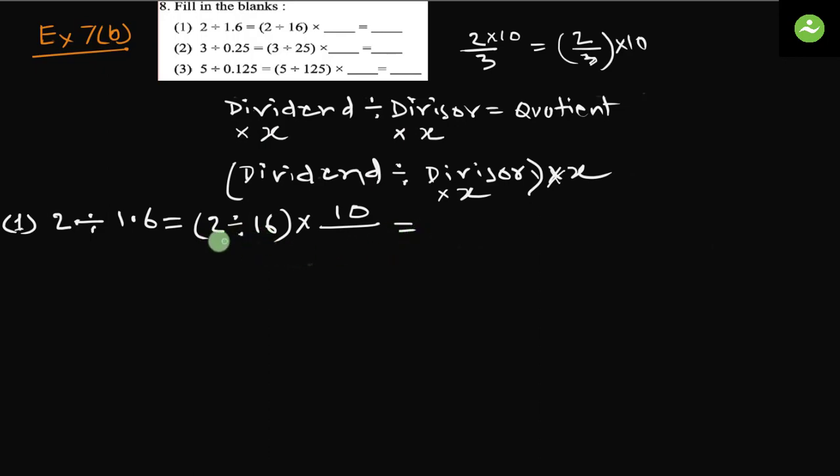Now let us do the calculation. Divide 2 by 16. Because it is smaller, we need to convert it to a decimal fraction. It's 2.0. Now start division. 16. Take one digit. It doesn't divide.